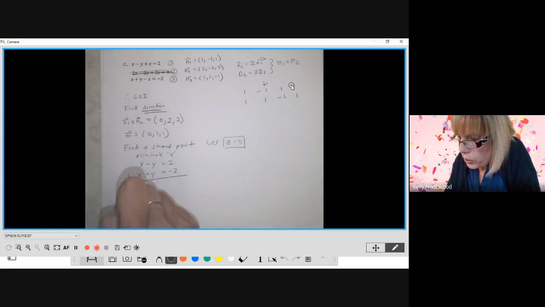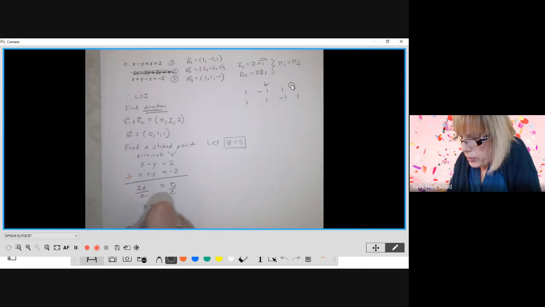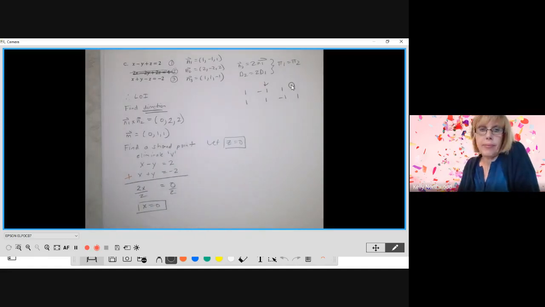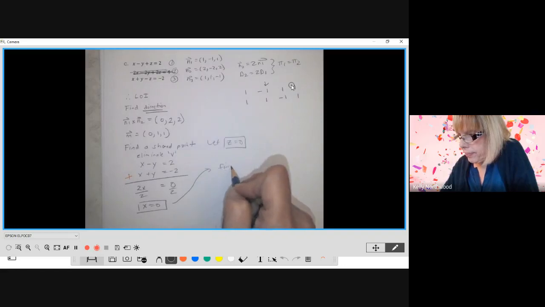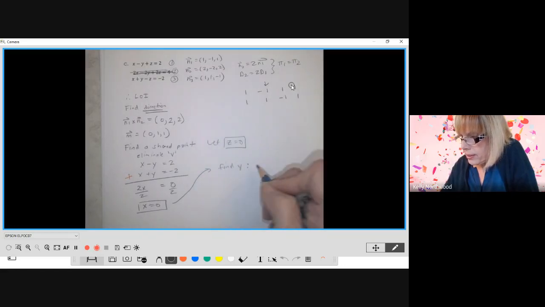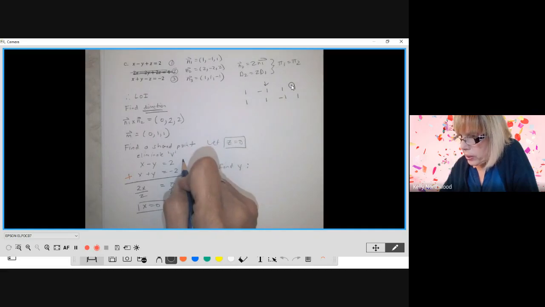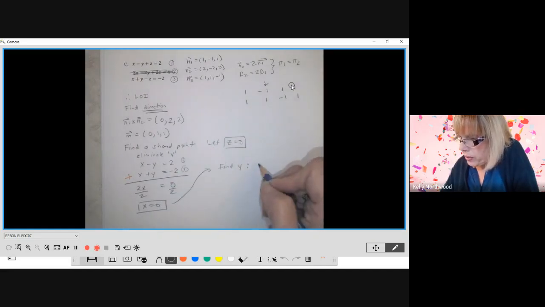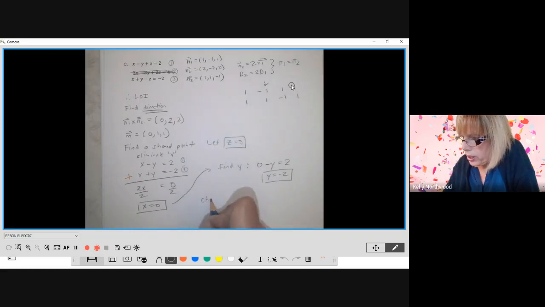So that's going to give us 2x equals 0, or x equals 0. Find y. So let's choose equation 1 here. So we've got 0 minus y equals 2. So y is -2. So check that the point 0, -2, 0 is on pi 1 and pi 3.